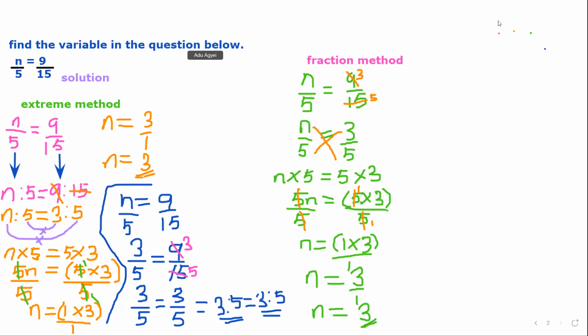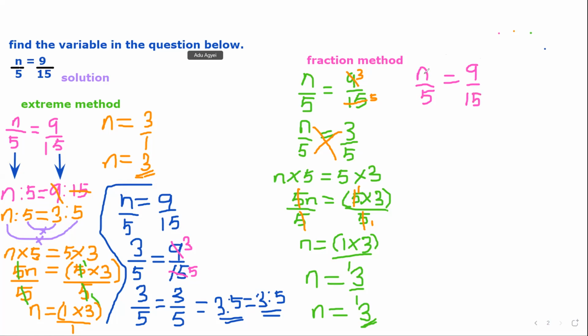Okay, then let's also do our substitution and check whether what we have done here is correct. Now the question was set as n over 5 equal to 9 over 15.